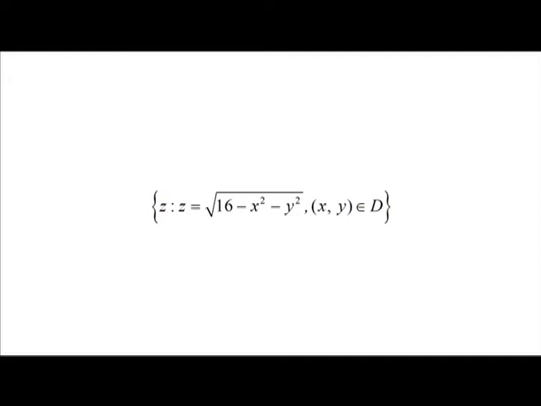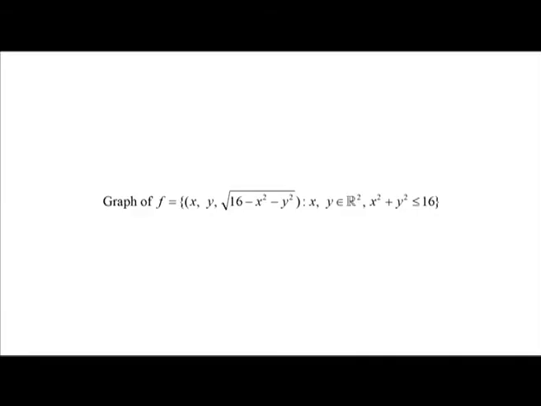Also, z = √(16 − x² − y²) ≤ √16, which is equal to 4. Hence, the range of f is the set of all z such that 0 ≤ z ≤ 4, which is the closed interval [0, 4].